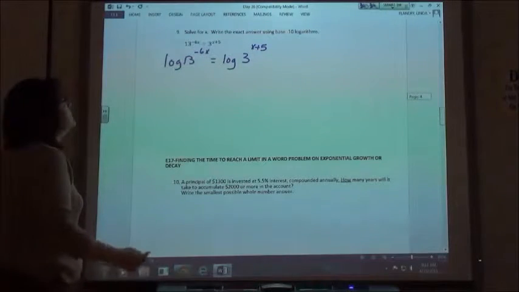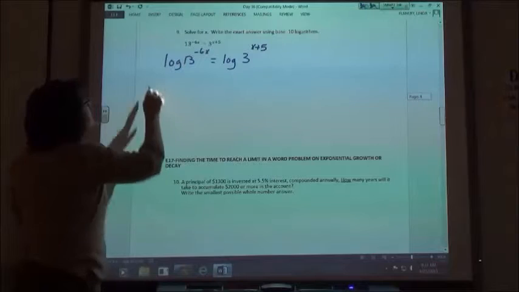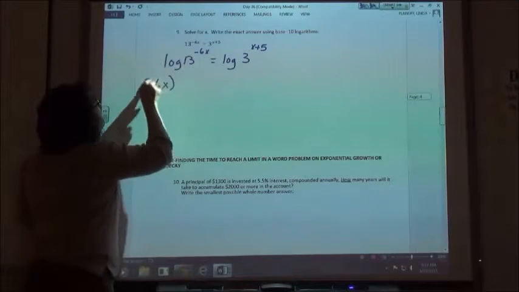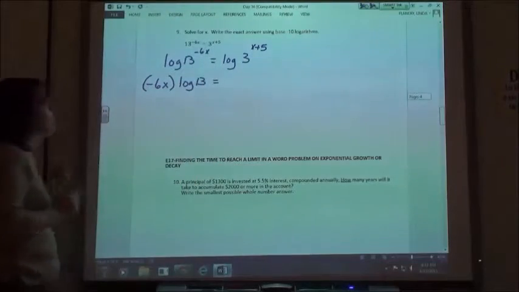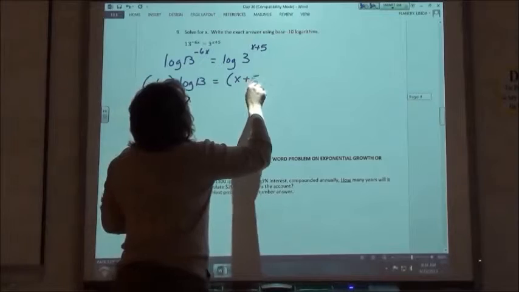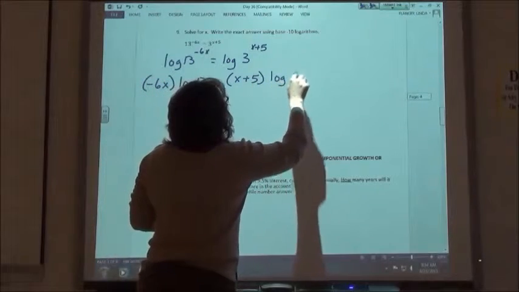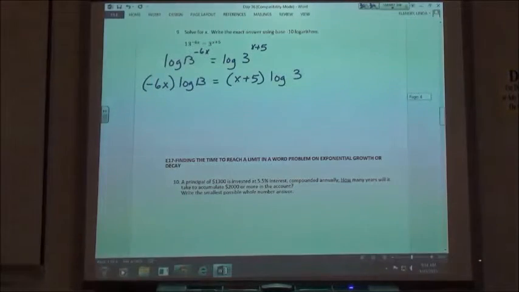And then we are doing negative 6x times log 13 equals x plus, is it going to be 5x or x plus 5? x plus 5, because that's what's up there, times log 3. Okay.